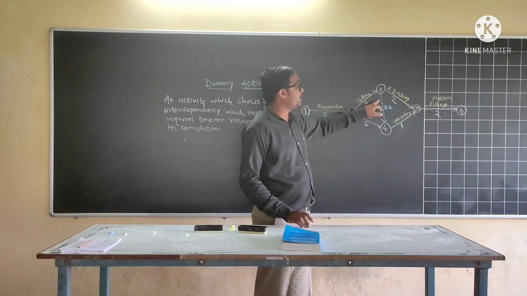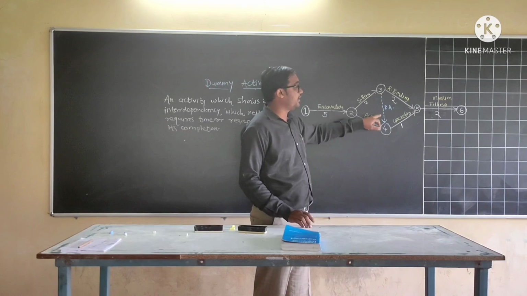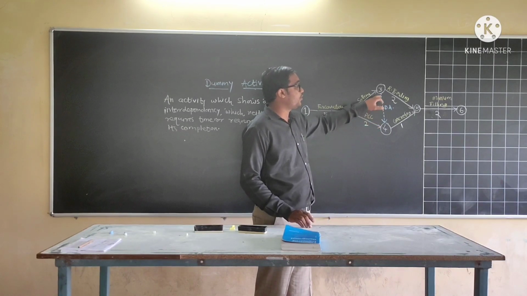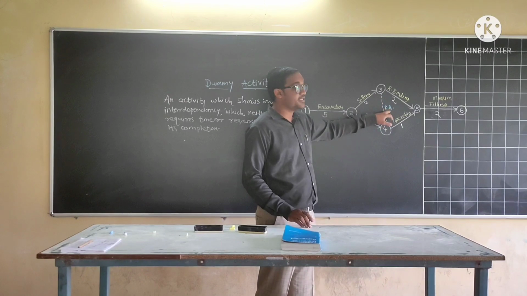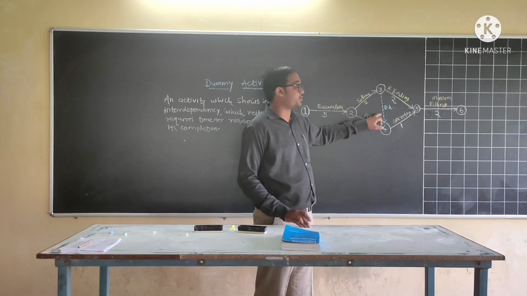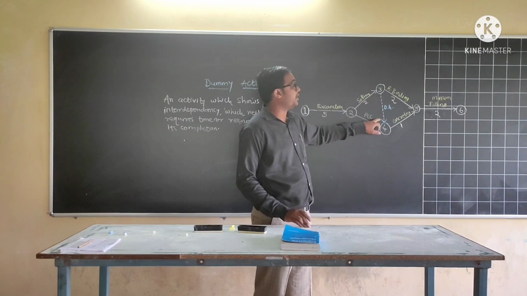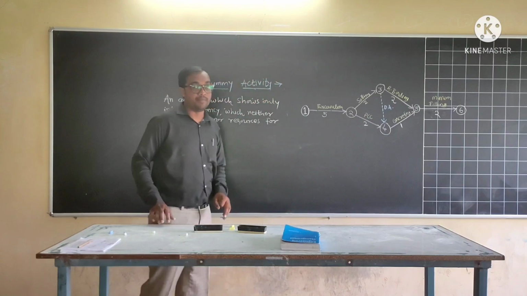Therefore, there is dependency on event number 3 and 4. Therefore, it is shown by a dotted line, which is a dummy activity, which does not require time and resources. This is the concept of dummy activity.